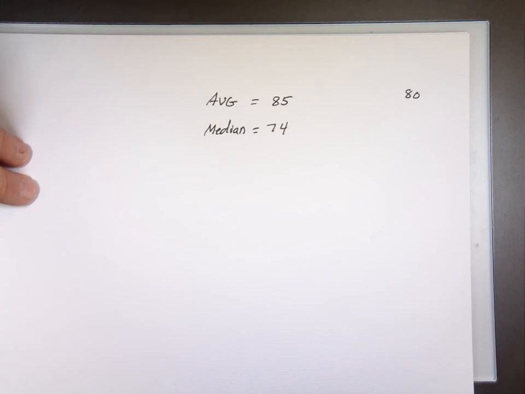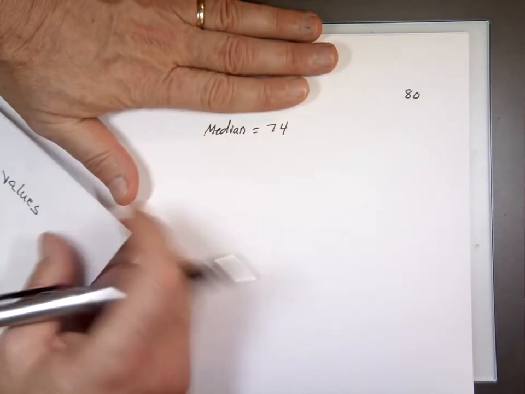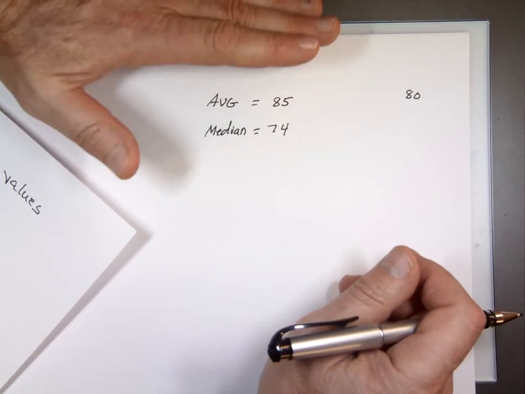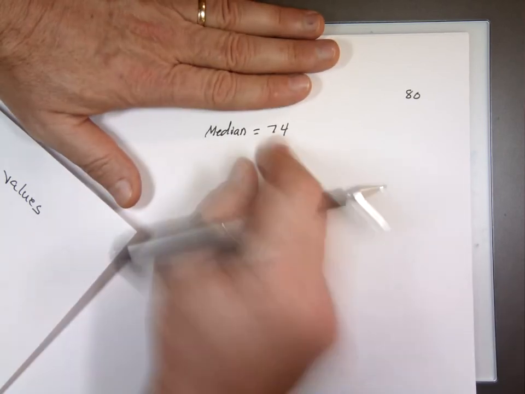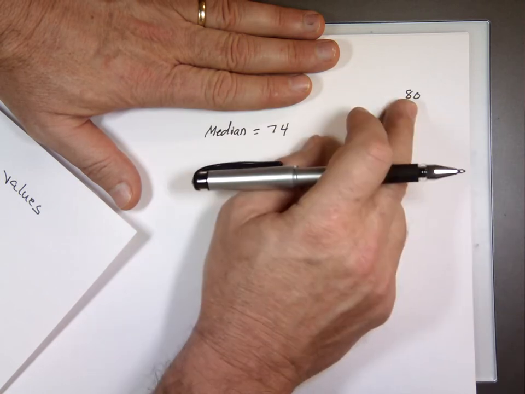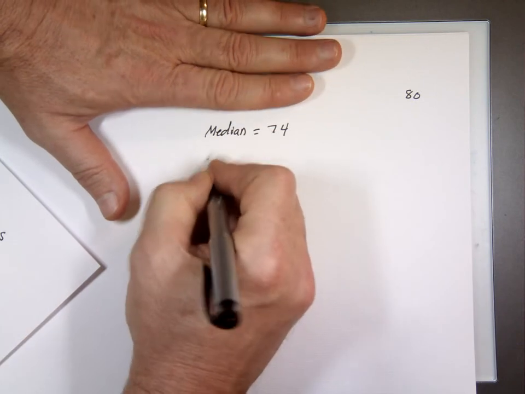So I tend to give both of these numbers because one without the other you can't really tell. If I just gave you the median, you'd go, well, the median might tell me I'm in the top half or the bottom half, that's it. But if you give both, if I said the median was 74 and you got an 80, you go, okay, I'm good. But if I come back again, and I said to you the mean was 90.